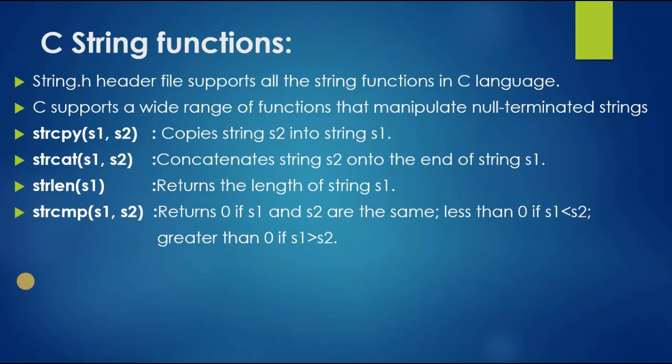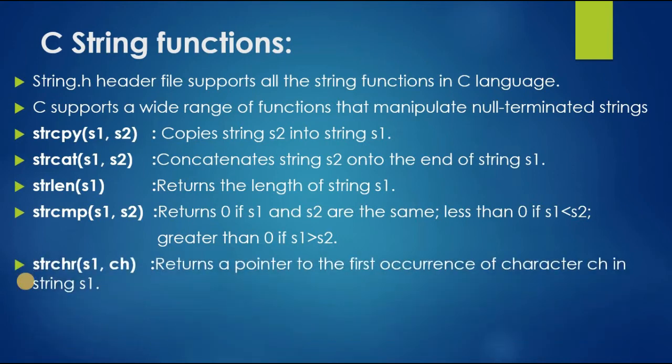Then strcmp, which is used for comparison. It returns 0 if s1 and s2 are the same, less than 0 if s1 is less than s2, and greater than 0 if s1 is greater than s2.